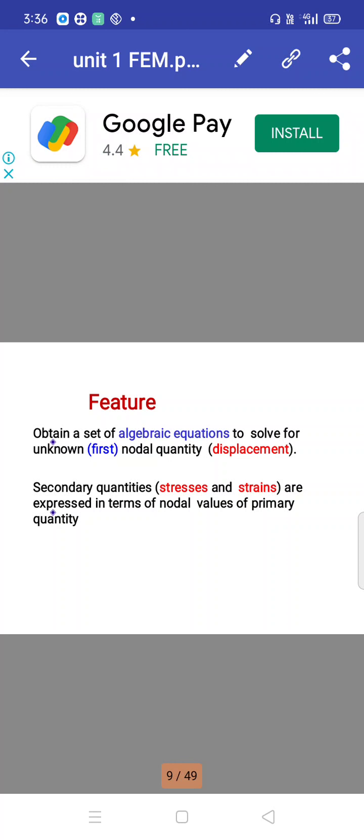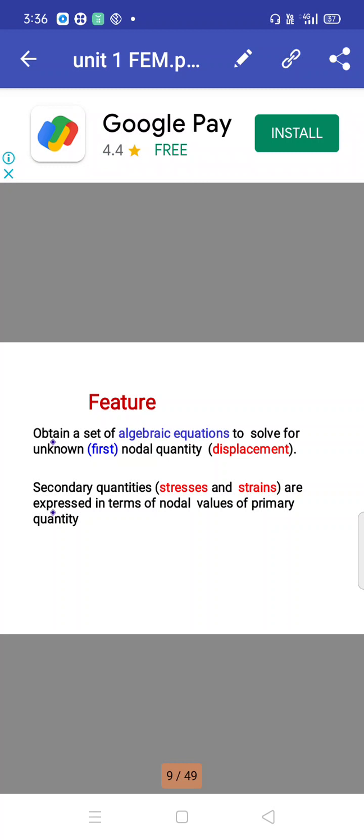So strain is defined as a ratio between the change in dimension and the original dimension. The dimension in the sense it has length, then width and thickness, or diameter, whatever it may be.